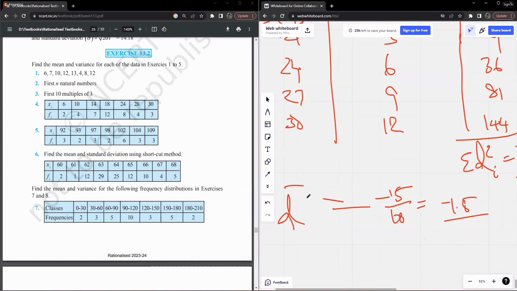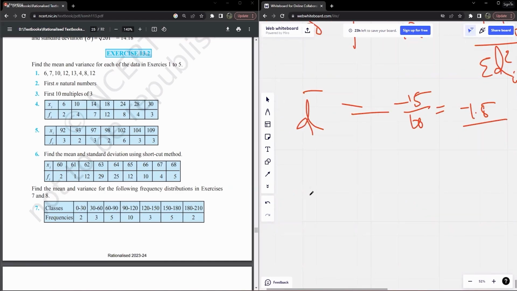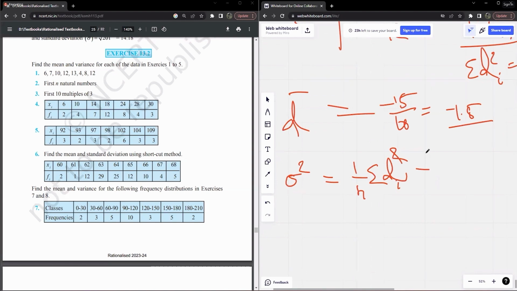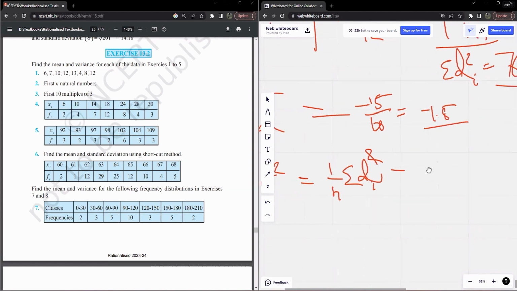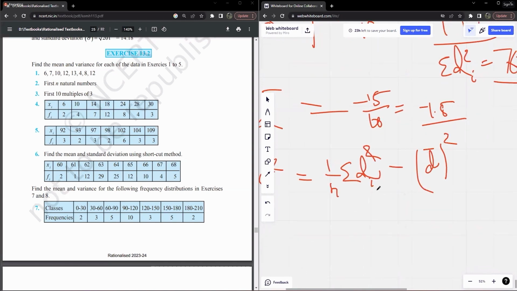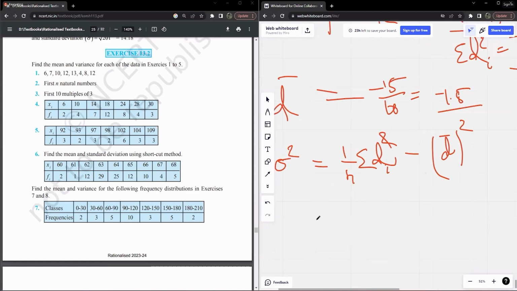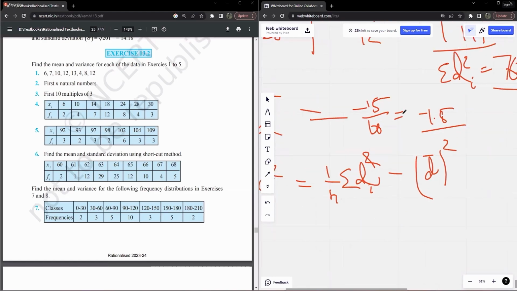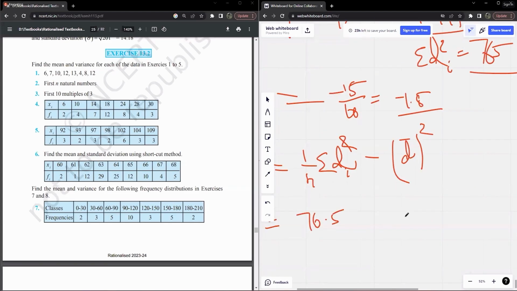And the variance sigma square is going to be 1 by n times sigma d square minus d bar the whole square, right? Which is basically 765 by 10, that's 76.5 minus this value, the whole square, which is 2.25. Okay.